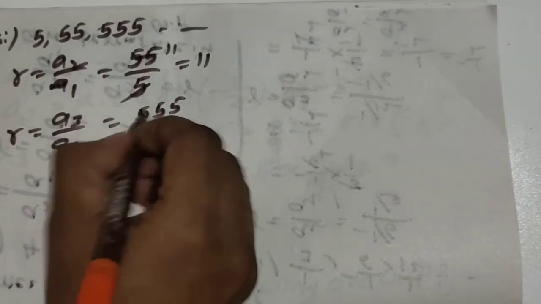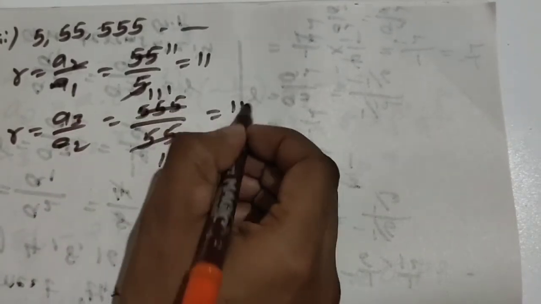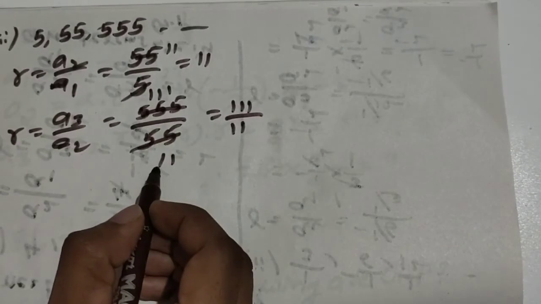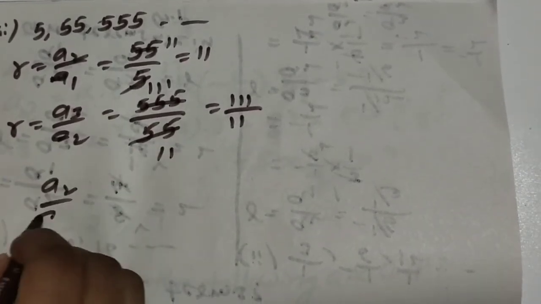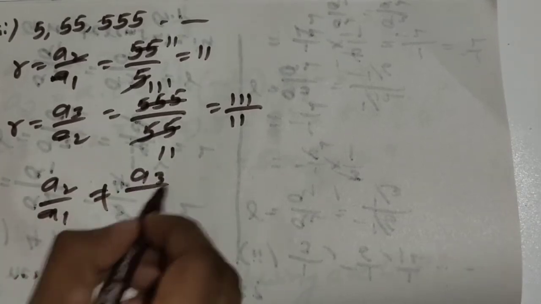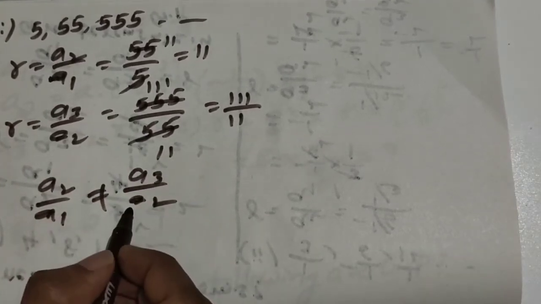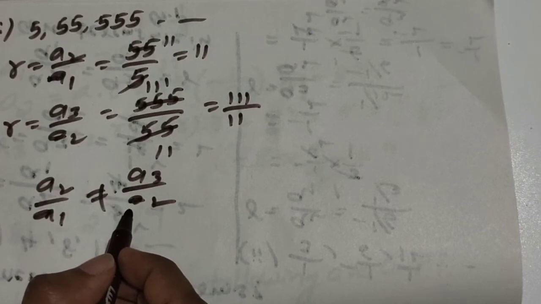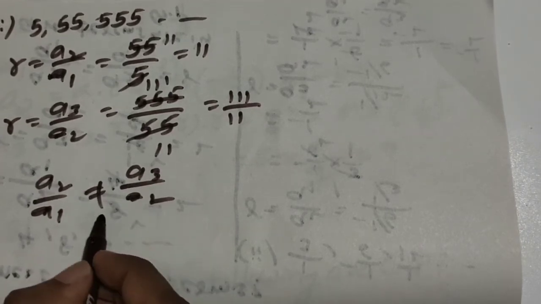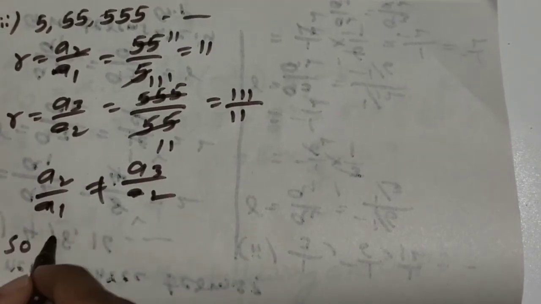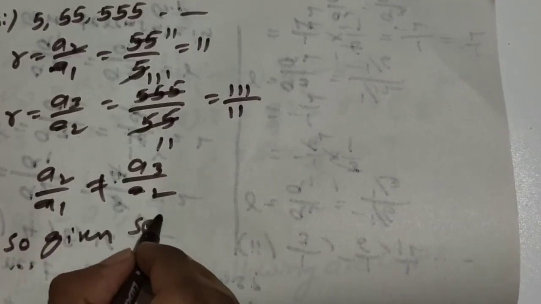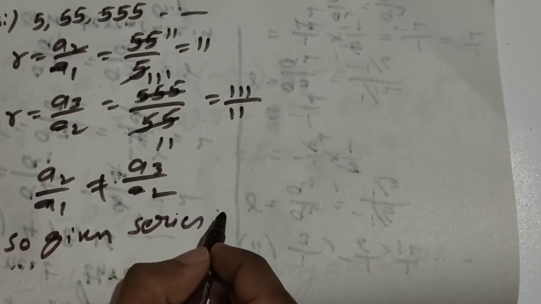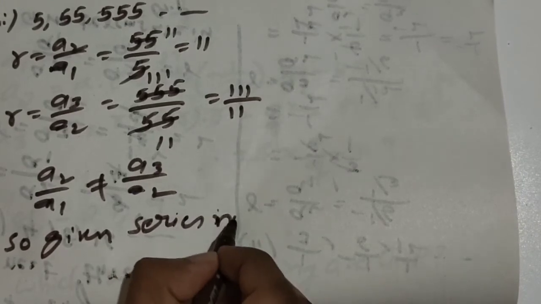By table, 5 11s are 55, and we get 111 by 11. So we are not getting the same ratio. That's why a2 by a1 is not equal to a3 by a2. That's why the given terms are not in the GP. Okay, so the given series is not in GP.